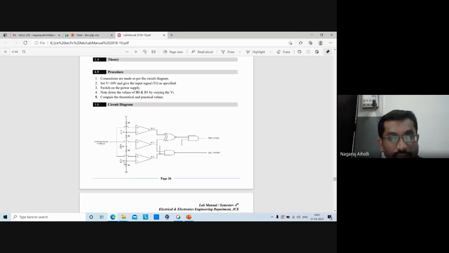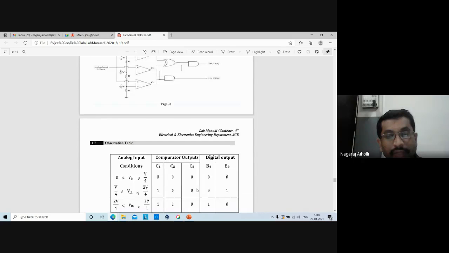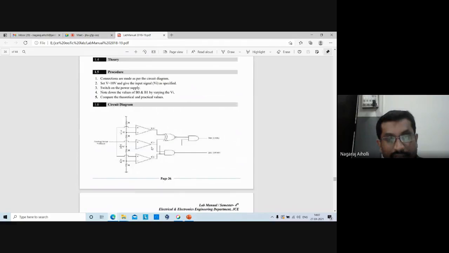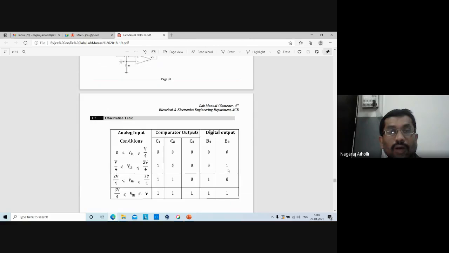If the analog input voltage is in between V/4 and 2V/4 volts, then C1 will be high, C2 and C3 will be low. According to this circuit, we are getting B1 and B0 as 0, 1.